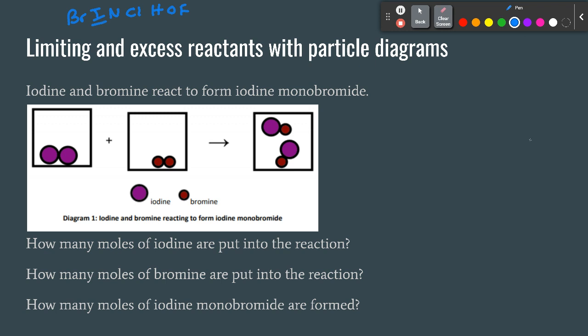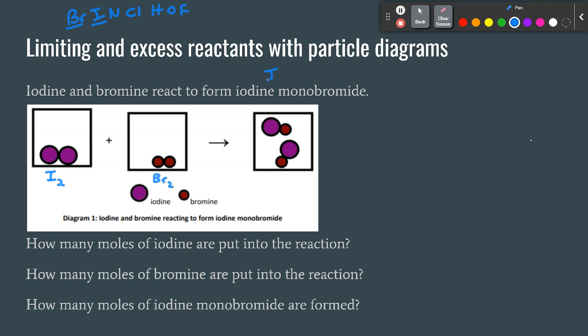So it's an I2. So my iodine is here. My bromine is also in Brinkelhoff. So it's a Br2. So this reaction is saying I2 plus Br2 creates iodine monobromide.